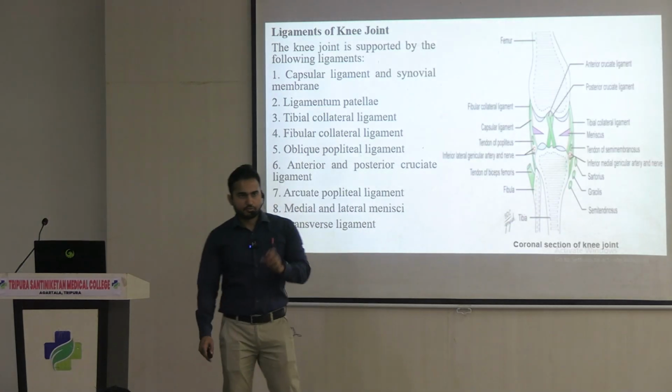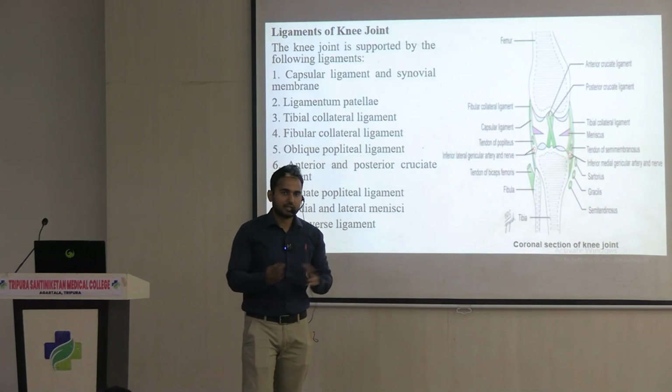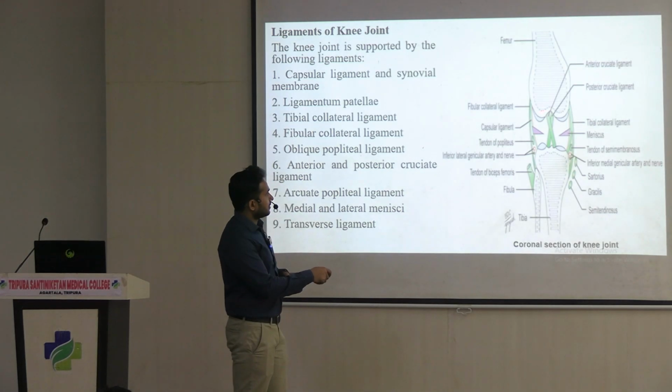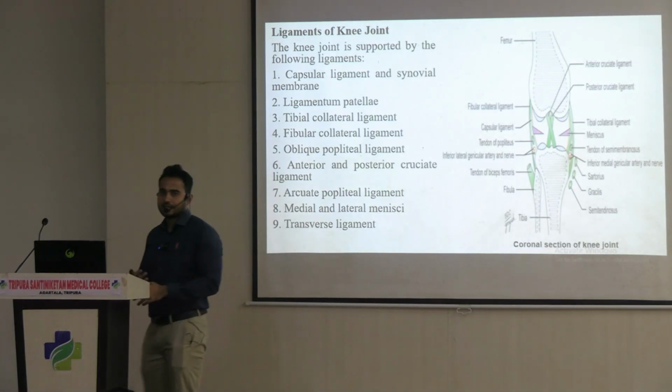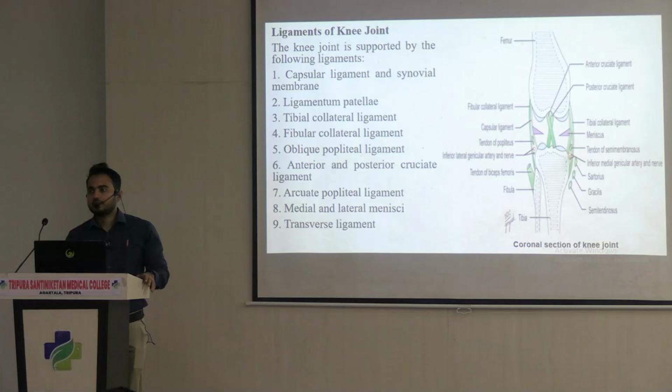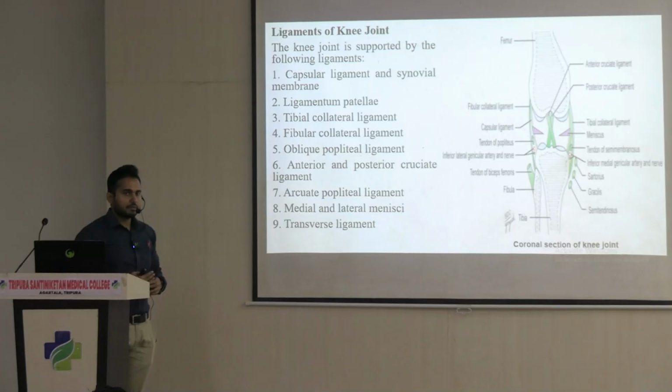Few structures are attached to the fibula; most of the remaining structures are attached between the femur and the tibia. So you have to know where exactly they are attached and what their important functions are. Now for the ligaments of the knee joint, this diagram I have selected.